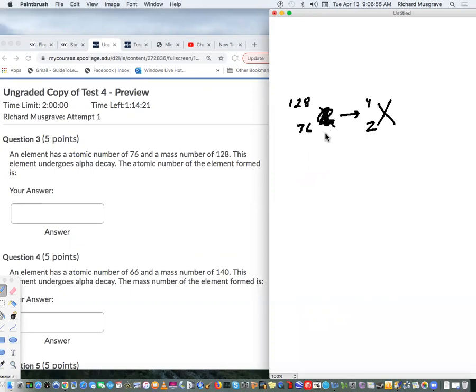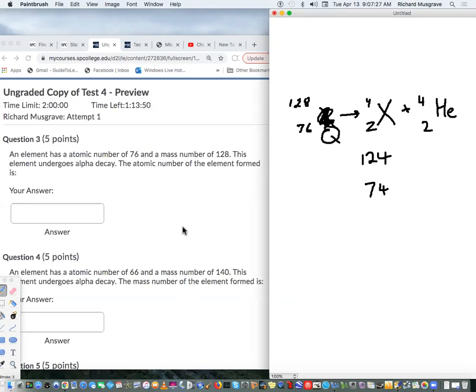We'll call it Q, even though that doesn't exist. So we need to figure out what this is, and the atomic number then would be 74, and the mass number would be 124, and those would be the answers you'd be looking for in both of these.